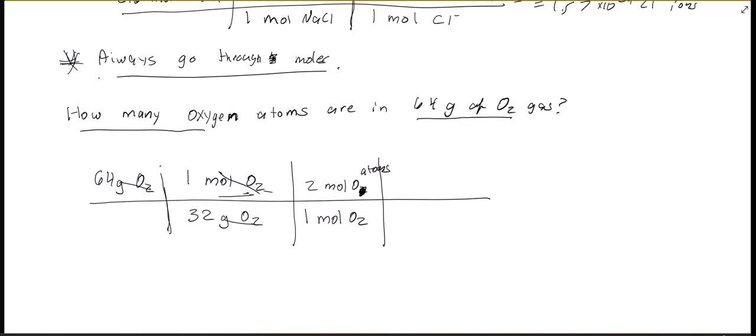So now moles of O2 cancel and I have moles of oxygen atoms. Now I need to get to the number of oxygen atoms, and I know that 1 mole of oxygen atoms is 6.02 times 10 to the 23rd oxygen atoms. And moles of oxygen atoms cancel, and I have the number of oxygen atoms.